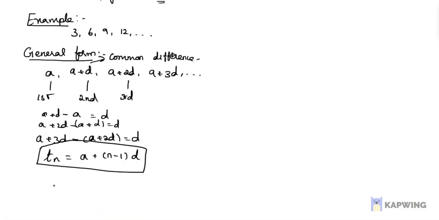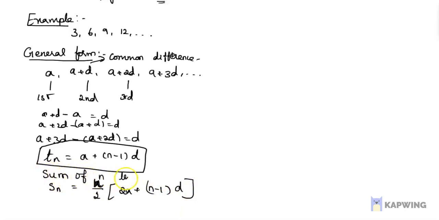And the sum of n terms of an arithmetic progression we denote as Sn, which is equal to n by 2, sorry, this is not a by 2, n by 2 into (2a plus (n minus 1) into d). So Sn is equal to n by 2 times (2a plus (n minus 1) into d). This is the sum of n terms of an arithmetic progression.